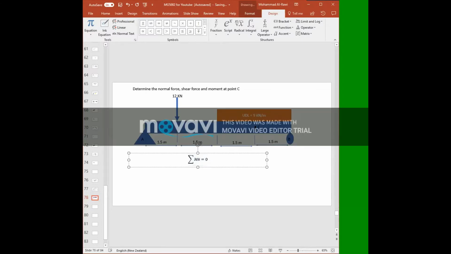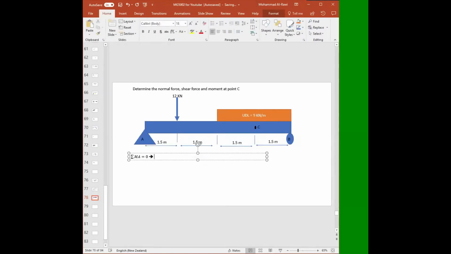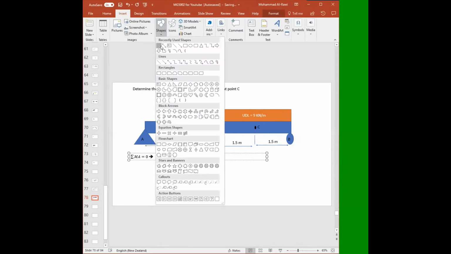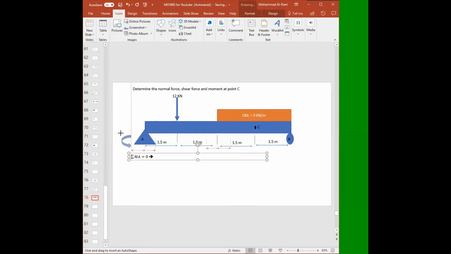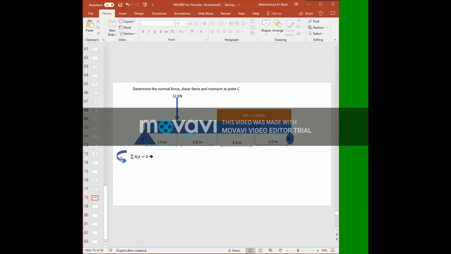Should be capital A. Now, since we work with that moment, what we need to do is to decide which direction. Again, I would choose counterclockwise, since I've been asked why I don't always choose clockwise, and that's why we'll learn another method. So this is my positive moment direction.